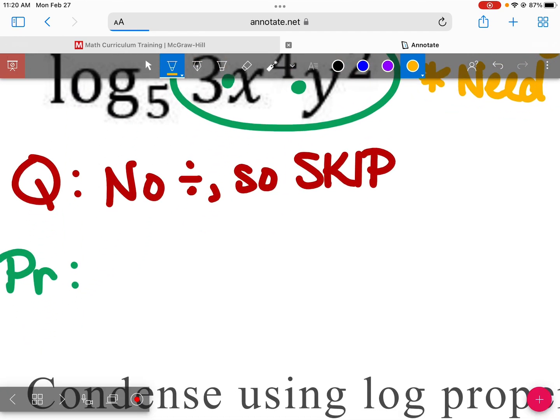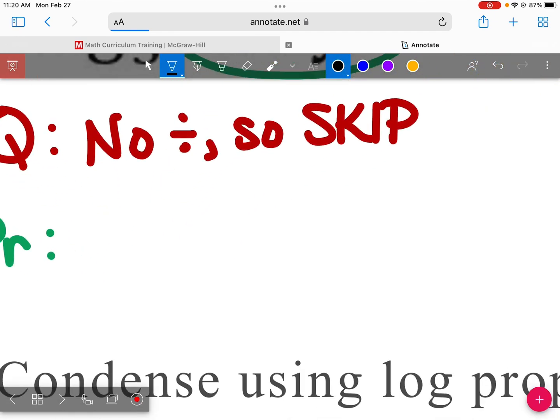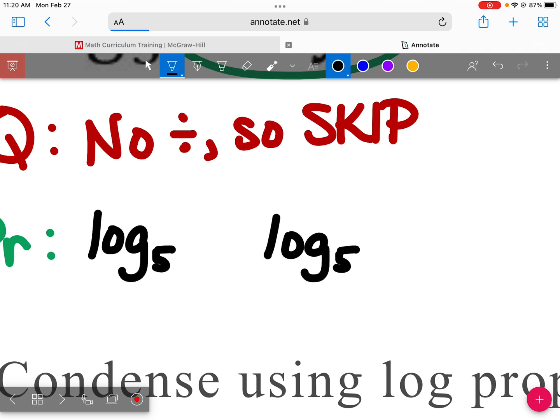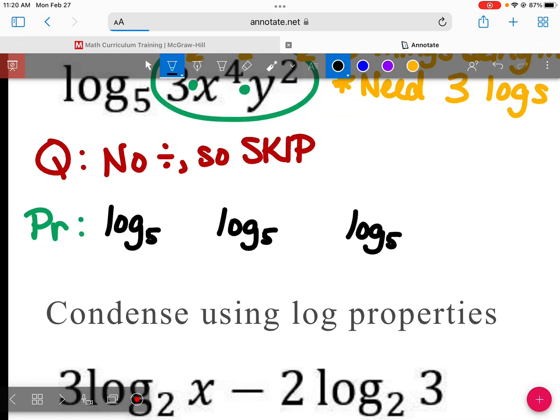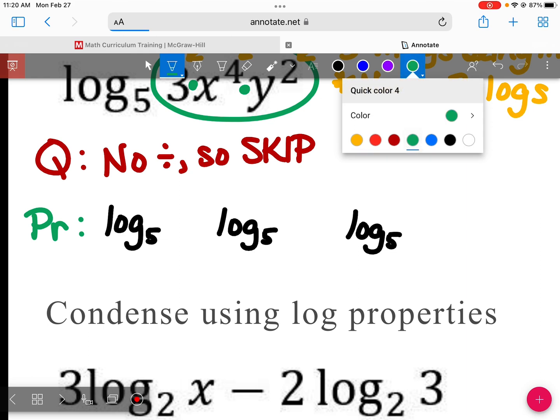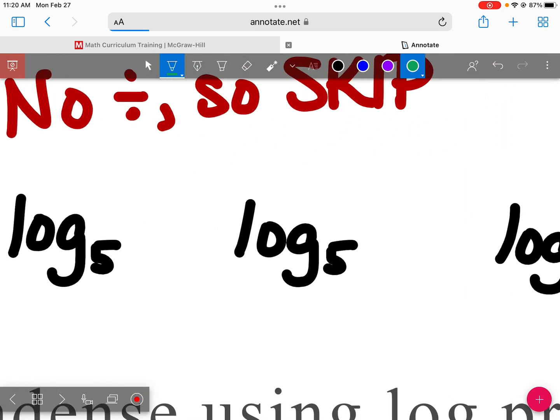So I'm going to write my 3 logs out. Log base 5, log base 5, log base 5. What goes in between those logs? Pluses. I can't just have log base 5.